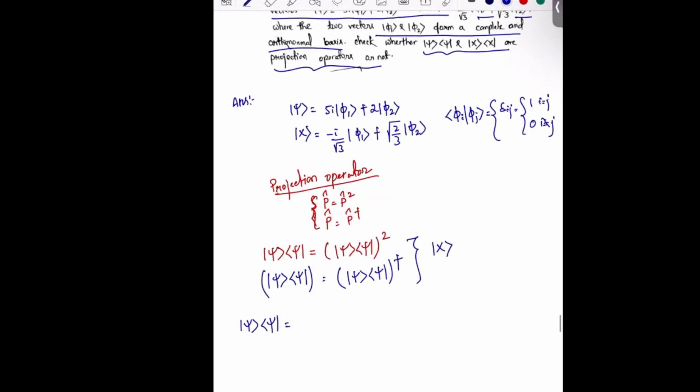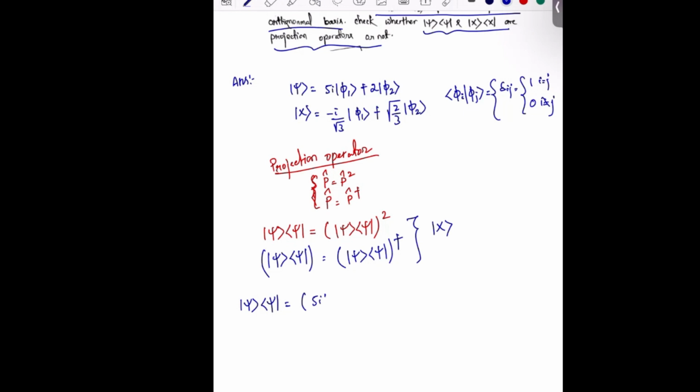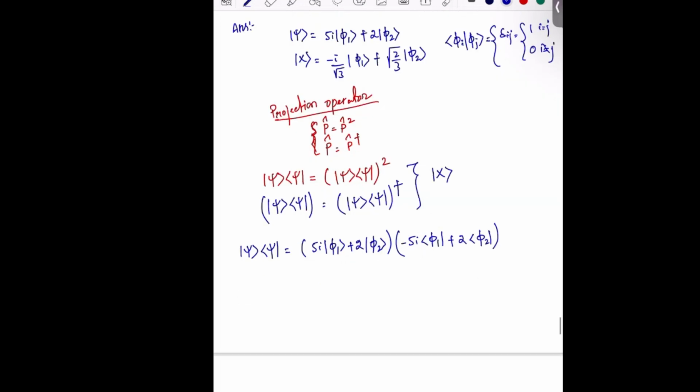So psi is nothing but 5i phi 1 plus 2 phi 2, and this is minus 5i phi 1 plus 2. Okay, I have written it wrong. So this is the bra vector, so it will be minus 5i phi 1 plus 2 times phi 2. Now just take the individual products.